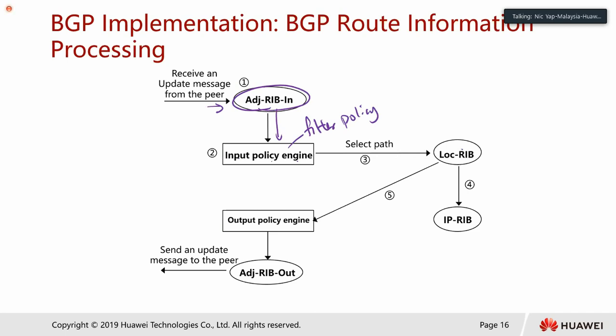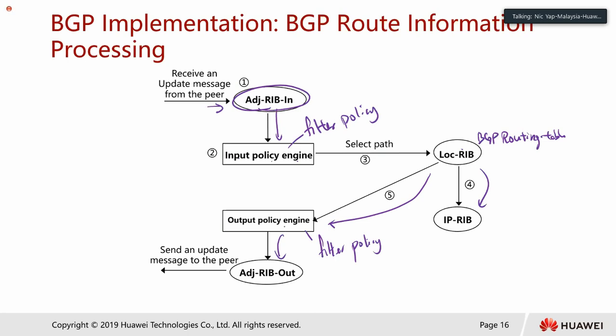In this case, it will affect me. Let's say everything is done, I select the path in my BGP tables, and I select the best path to the IP routing tables, as well as the optimal path that will be sent to the outbound policy engine.